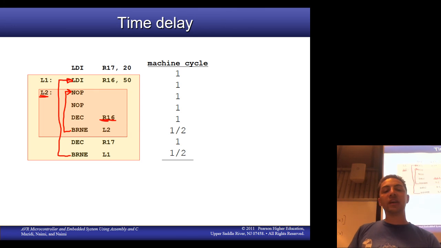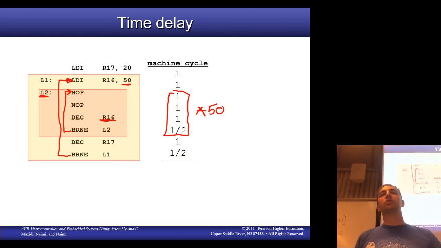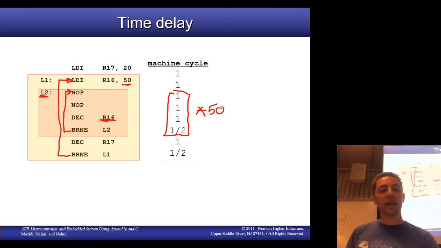And R16 outside the loop gets loaded with 50. So each of these instructions is going to get multiplied by 50. Then the outer loop, how many times is the outer loop going to run? 20, because R17 is the loop variable, and we load it with 20.